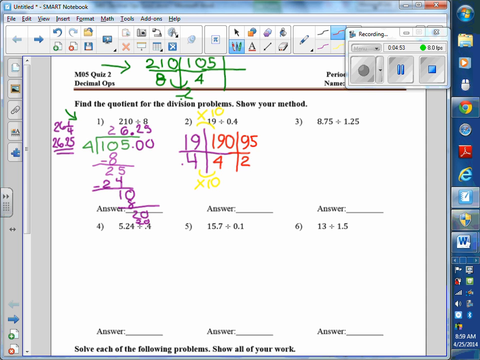So that's a little bit easier division problem, isn't it? 95 divided by 2. You said 50 plus 45. Because half of 100, when I divide this by 2, is 50, and half of 90 is 45. And then if you add those, you get half of 190, which is 95.